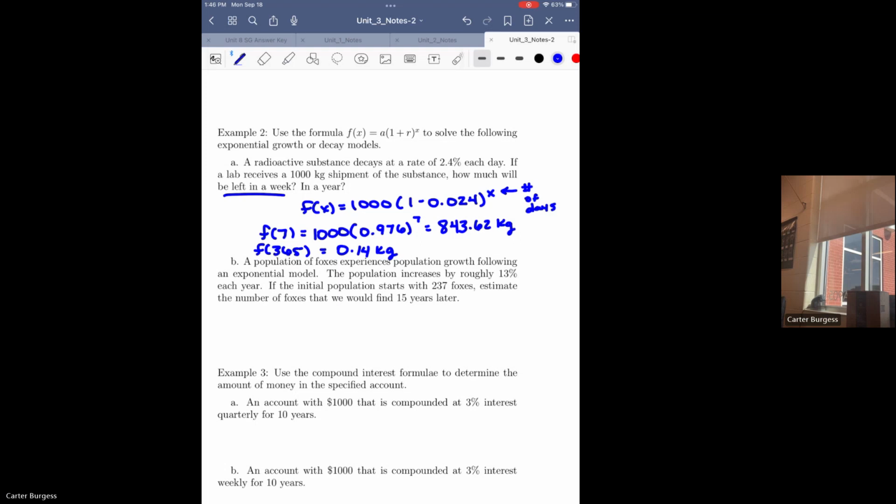This is good. Perfect. Is it possible for us to have that much of a fox?